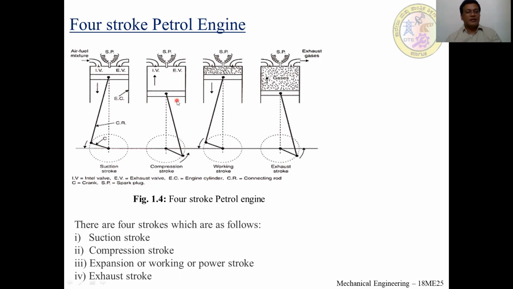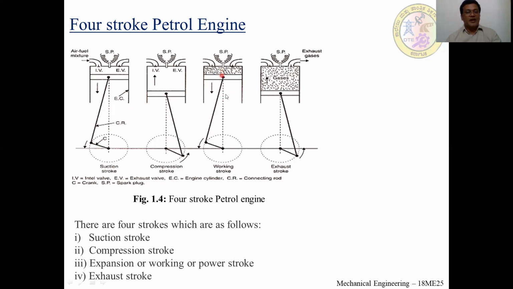At the end of the compression stroke, the spark plug initiates the combustion process. That we will discuss in the working stroke. At the beginning of the working stroke, the piston remains at the TDC only. During this stroke, the piston moves from TDC to BDC.